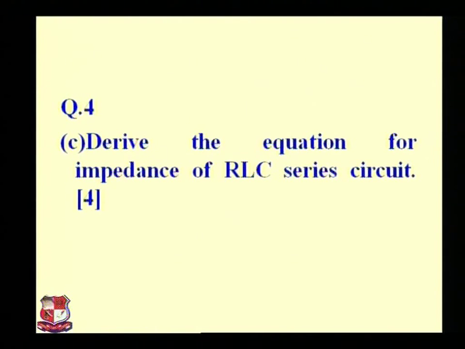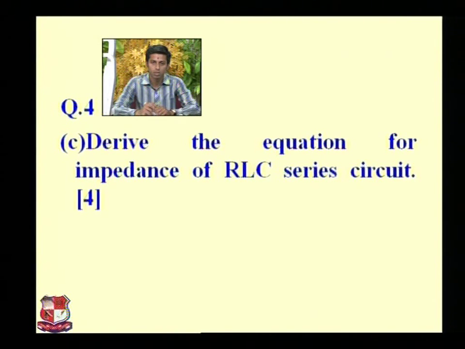Okay, the next question is: derive the relation for impedance of an RLC series circuit. It is given for 4 marks. So we will discuss the equation of impedance of an RLC series circuit. See in the next slide.